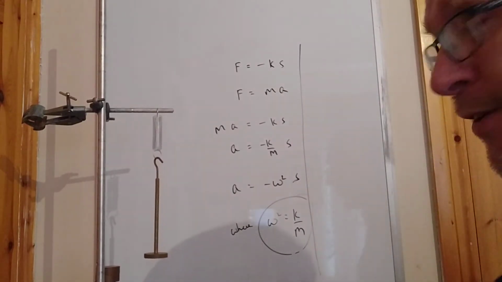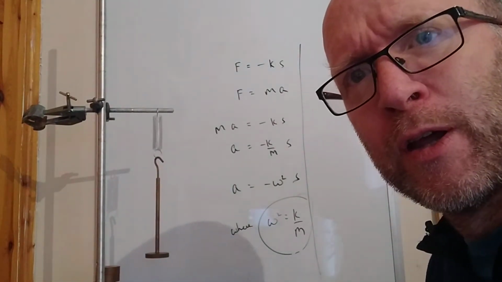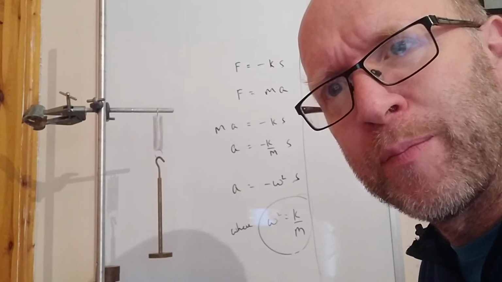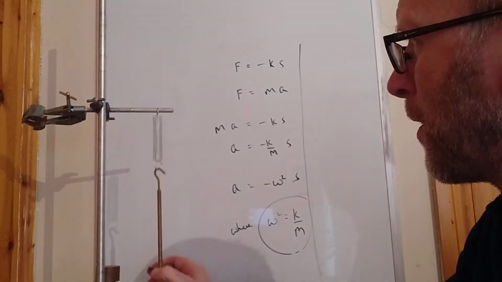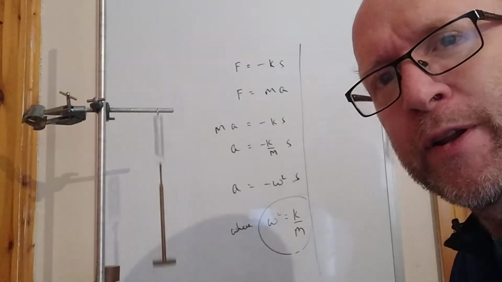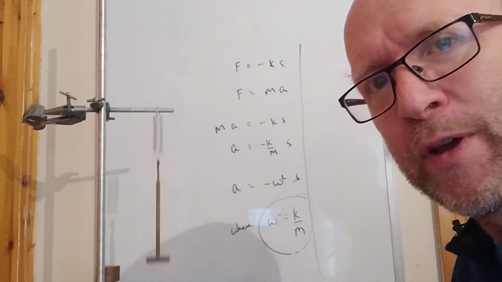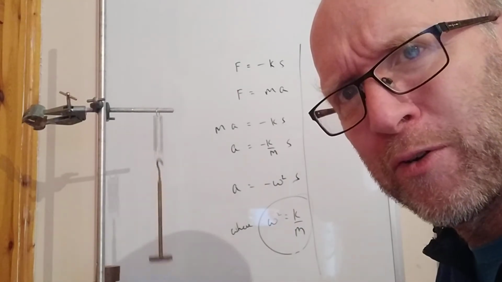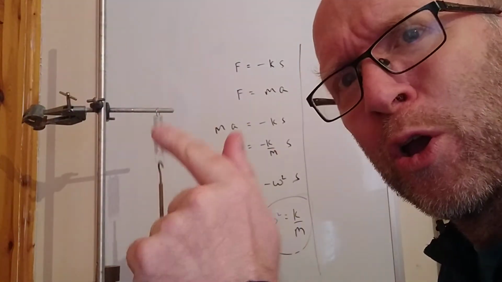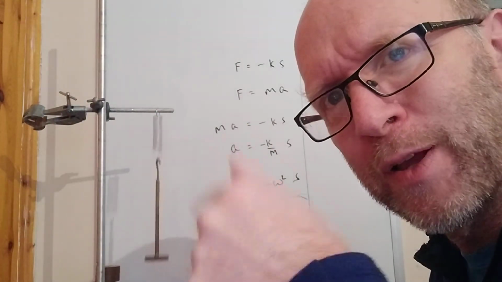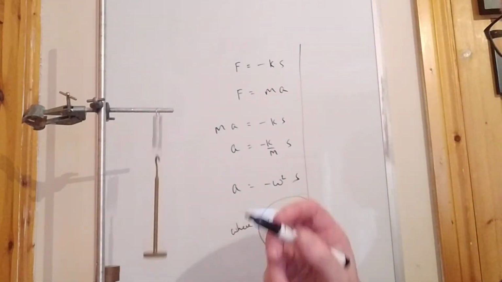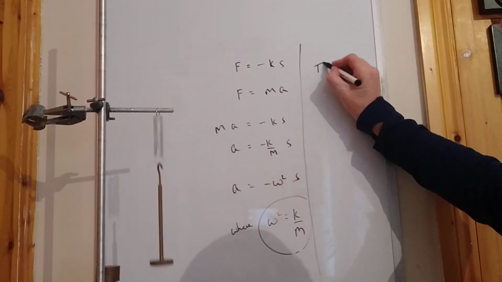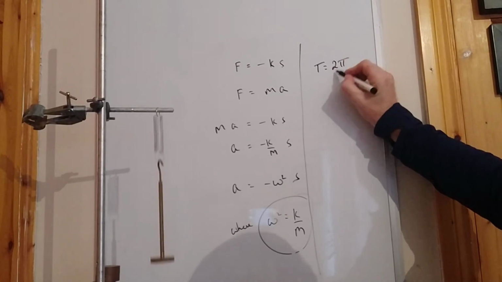On top of that, we can then get periodic time. Notice that it oscillates up and down, and it has a periodic time, the time for one oscillation. The periodic time formula is the same as the formula for circular motion, and that'll make sense to you when you look at the clip later. It shows up in the maths tables: T is 2 pi over omega.